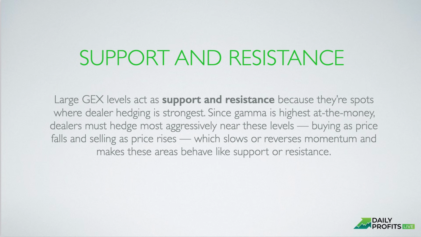So when we come down into these large gamma levels, put and call levels on the GEX chart, the market makers need to hedge more aggressively near those levels, which creates bounces and rollovers when price reaches those levels, especially if they're a big level and they've been acting as a magnet, right? Which will then immediately slow or reverse that momentum based on the price coming into that level, and we'll talk about that in a little bit.